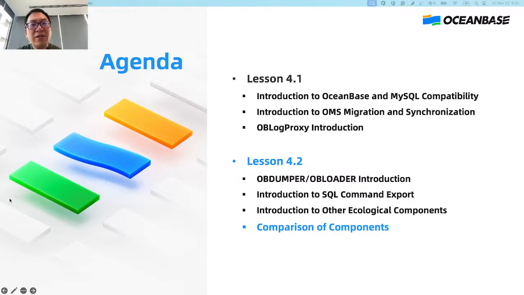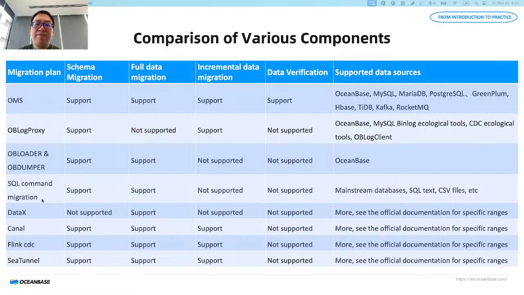The last part is the comparison of different components. We have introduced the various migration components above. Here, we will compare their migration solutions. We will compare from several different perspectives, including schema migration, full data migration, incremental data migration, data verification, and supported data sources.